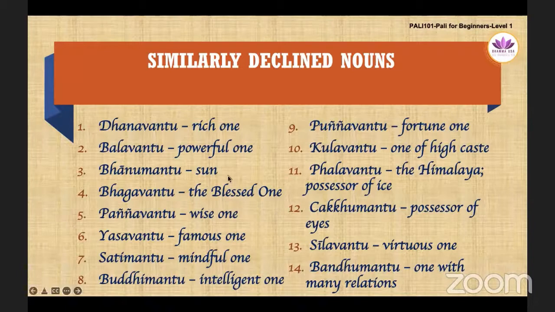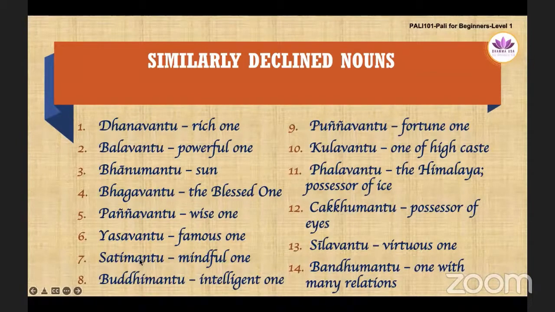When we have anta here, like Dhanavantu, Balavantu, Bhagavantu, Panyavantu, Yasavantu, we have Akaranta, right? So we have Vantu. And over here, Bhanumantu, Satimantu and Buddhimantu, we have Ukaranta and Ikaranta.